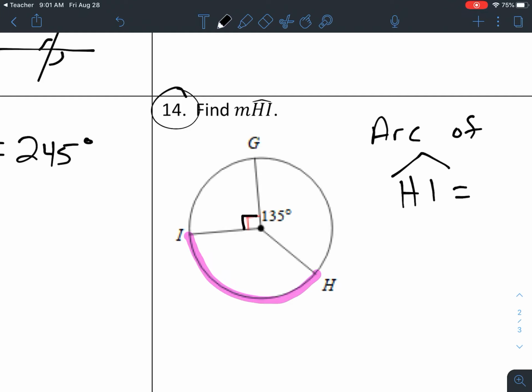This red box here, and I'm going to fill the box in so you see it more, is 90 degrees. So if that's 90, 135, and we know a circle is equal to 360, add those together and you can find out what your H would be once you take that number minus 360. Okay.